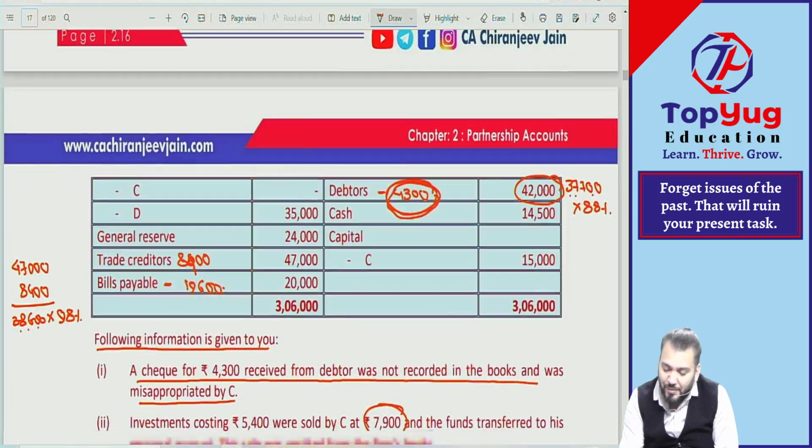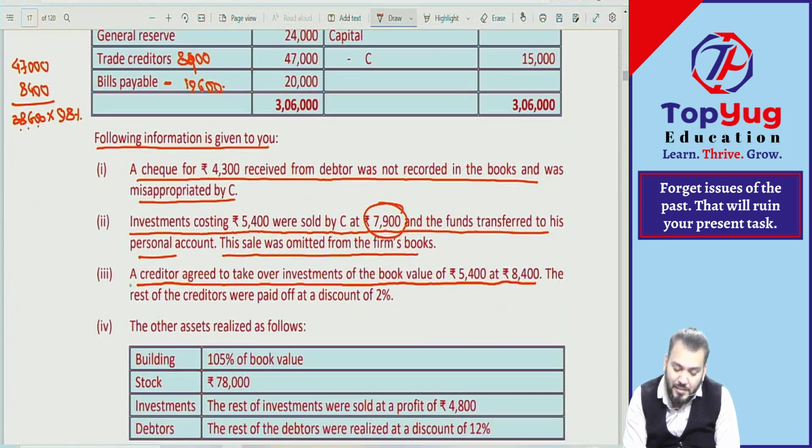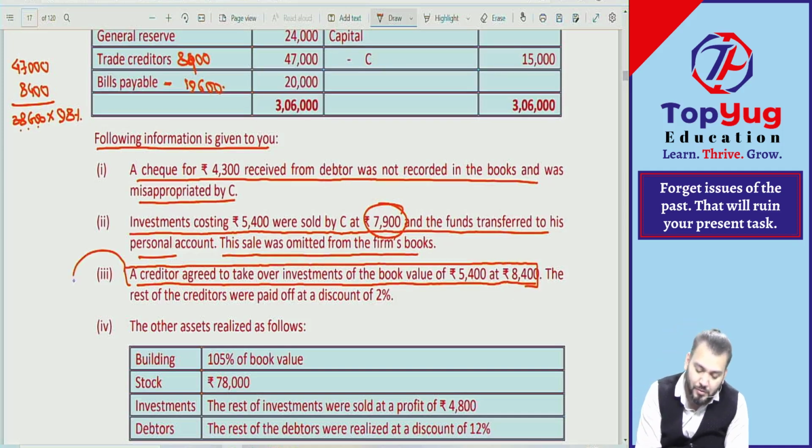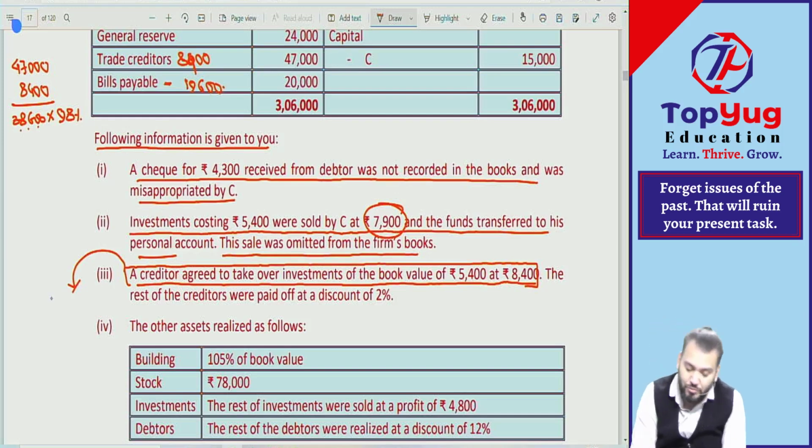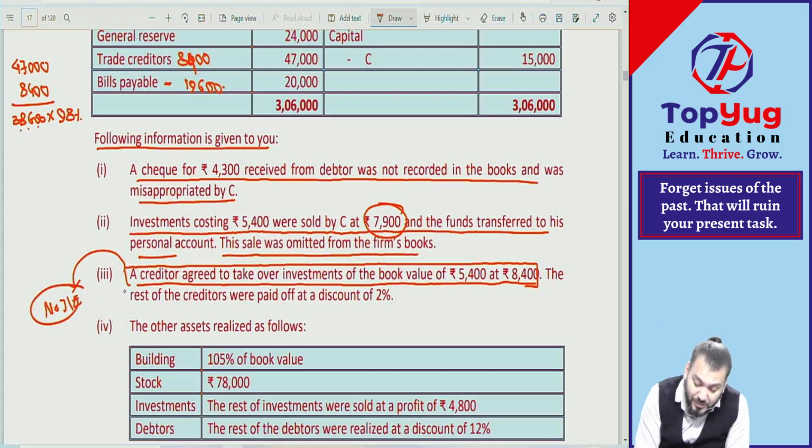Only one point I have left. What will be the journal entry for this? Creditor agrees to take over investment of book value 5,400 at rupees 8,400. What is the journal entry? No journal entry. Understood? Very good. So for this no journal entry, but this is also dangerous. Students make mistakes here also. Super danger.